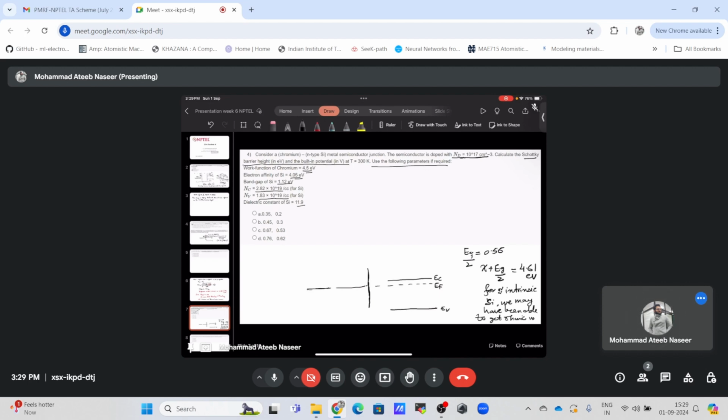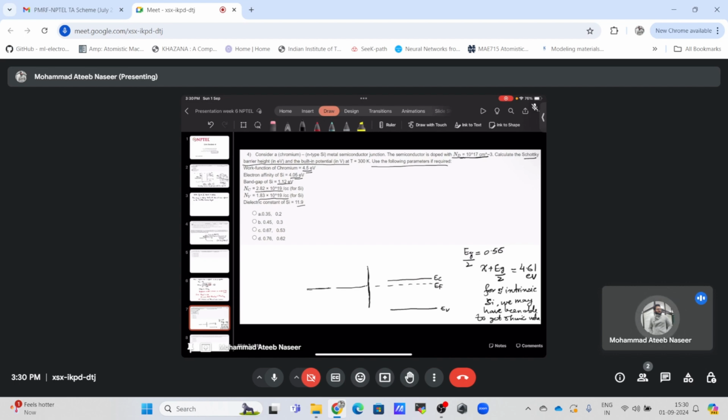But since this is doped n type, we will not be having the ohmic contact. We will simply be having the Schottky contact.